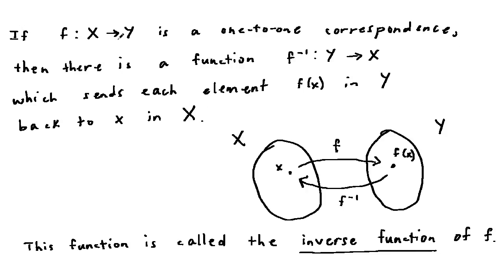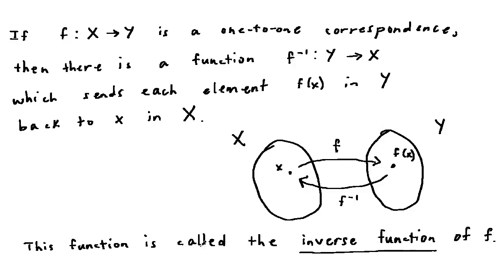If f from X to Y is a one-to-one correspondence, then there is a function, f inverse, from Y to X, which sends each element f(x) in Y back to x in X. So here's a diagram. f sends x to f(x). f inverse just sends f(x) back to x.